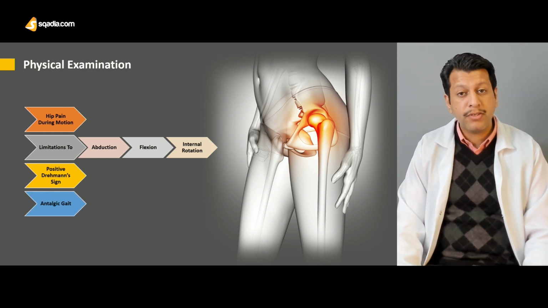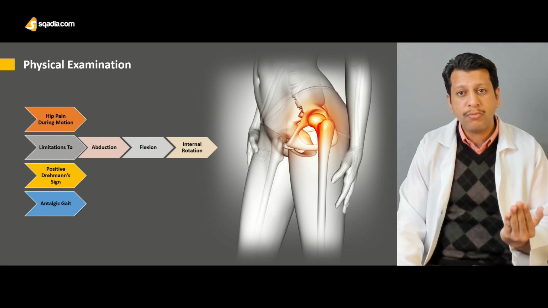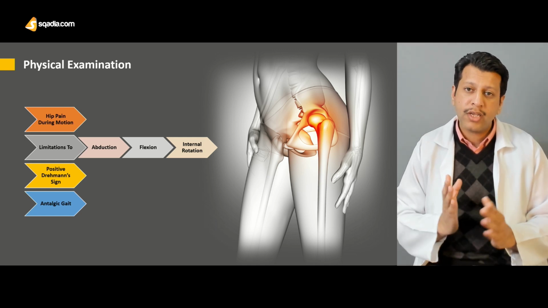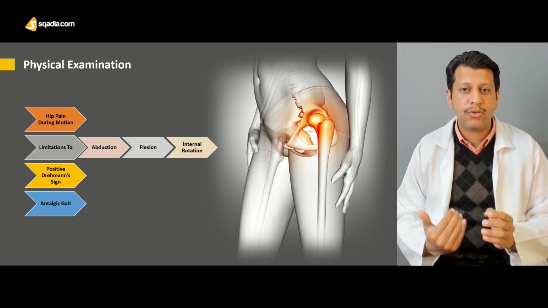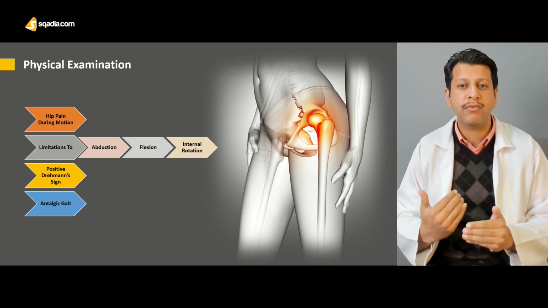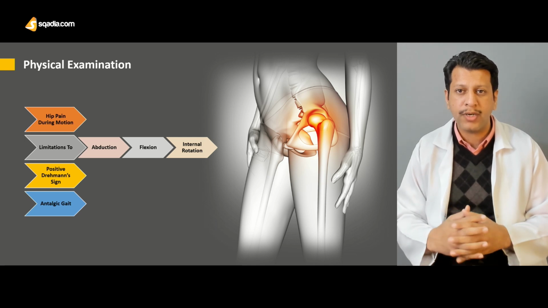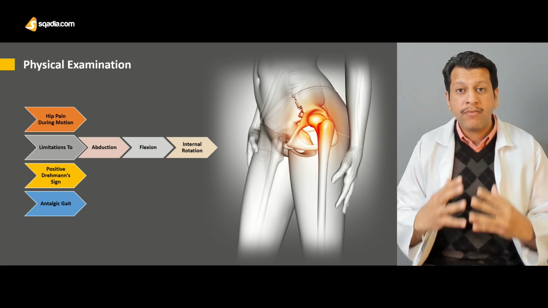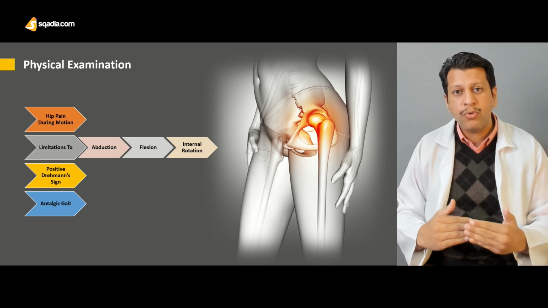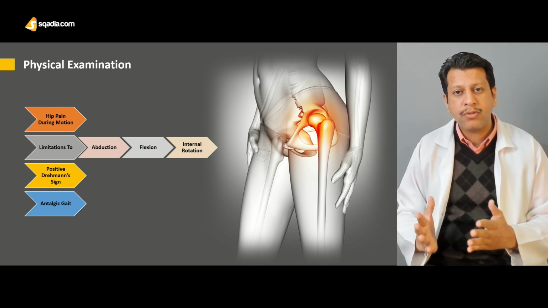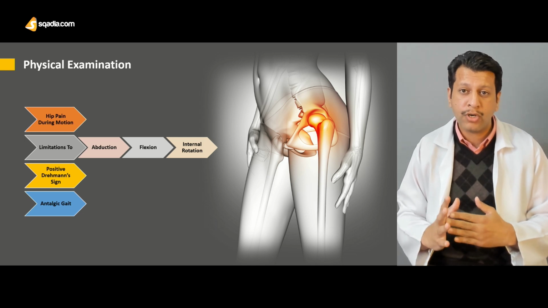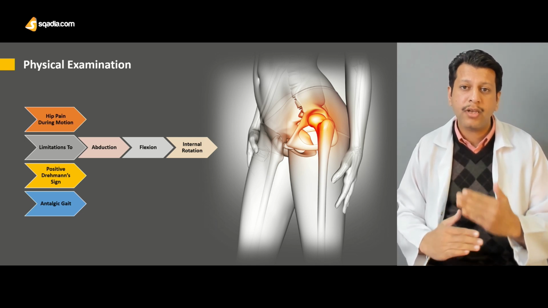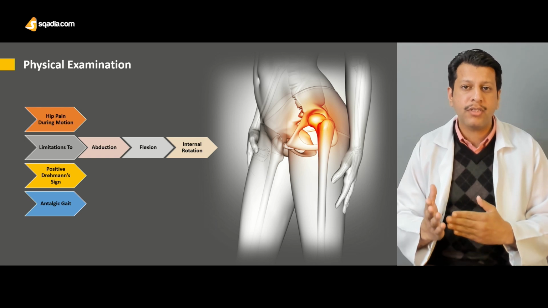Antalgic gait would be present. Our patient was leaning towards the left side, and was not putting a lot of weight over the right hip. Why? Because the problem was on the right side and the patient was not feeling comfortable putting their weight on the right side. Whenever the patient walks, if the pathology is on the right side, the right sided stance will be shortened and the patient will quickly go into the swing phase on the right side.